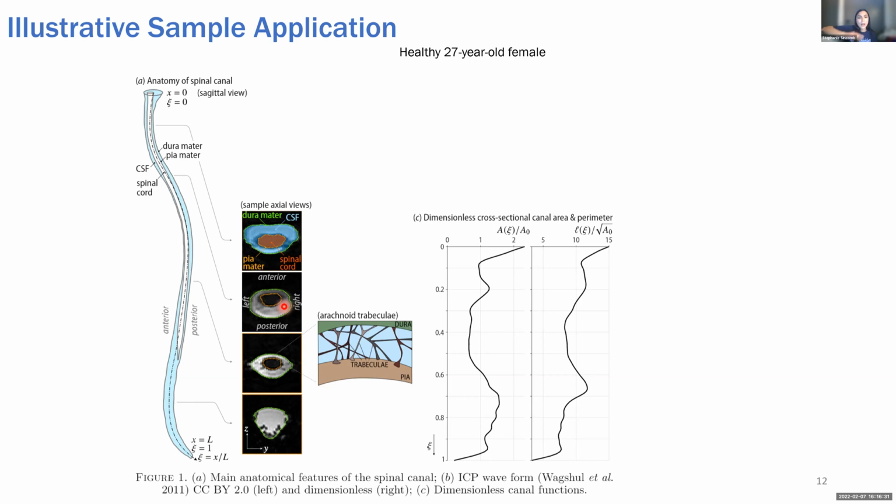And this is an axial view. So if you slice through, and then this is just an illustration showing kind of what the trabeculae look like. And then our corresponding cross-sectional area, which is dimensionless in terms of the average cross-sectional area, and our perimeter.